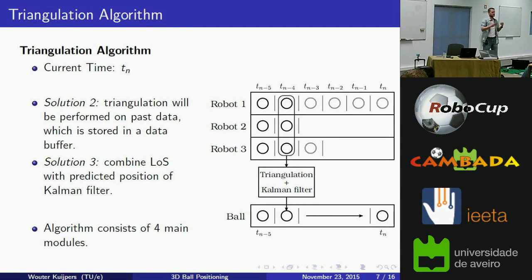So in this case, tn minus 4, that's, for example, a moment where all the data from all the other robots, say there are 3 at the moment, has arrived.